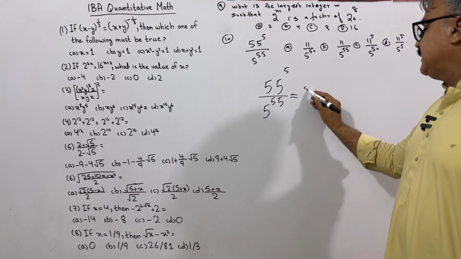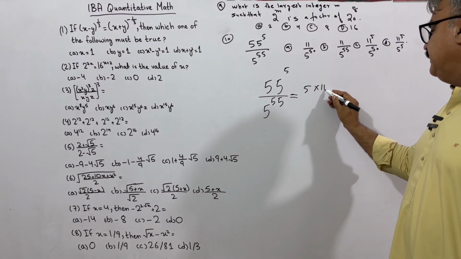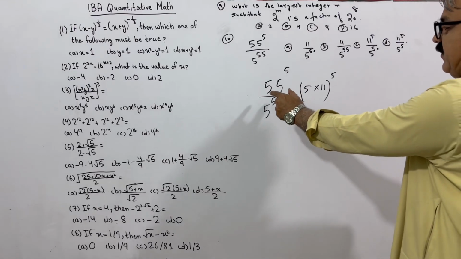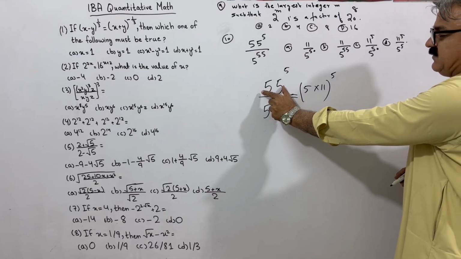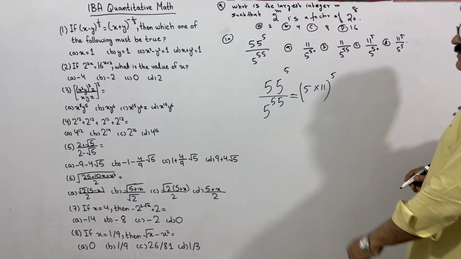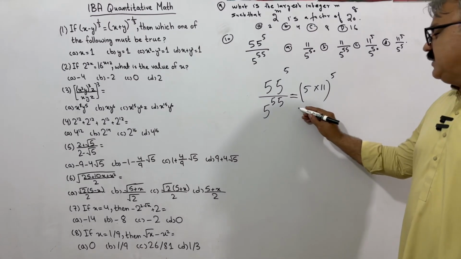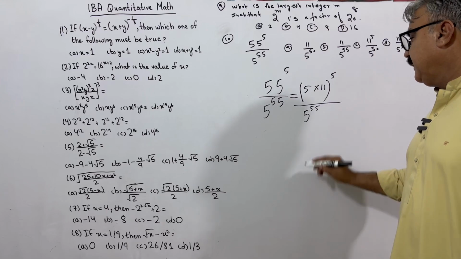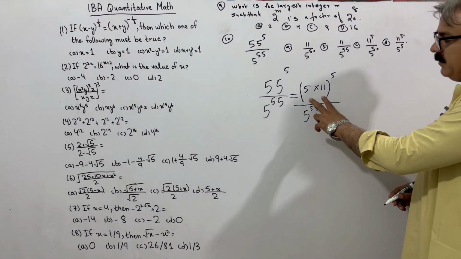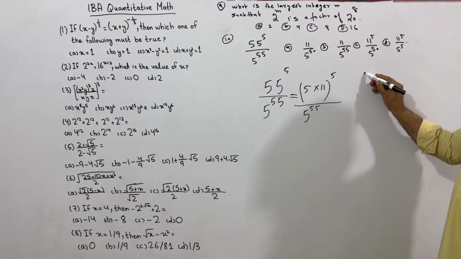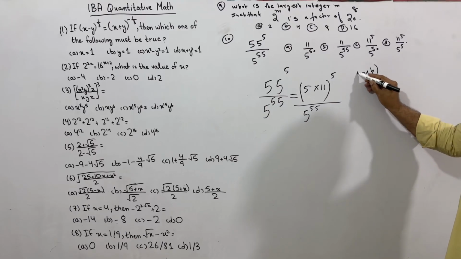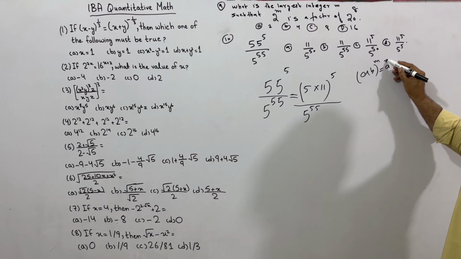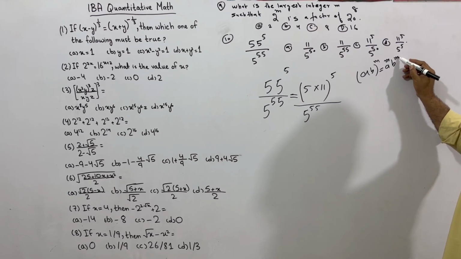55 can be written as 5 times 11, overall raised to the power 5. I factorized 55 as 5 times 11, over 5 raised 55. By the exponent rule, (AB) raised m can be written as A raised m times B raised m.